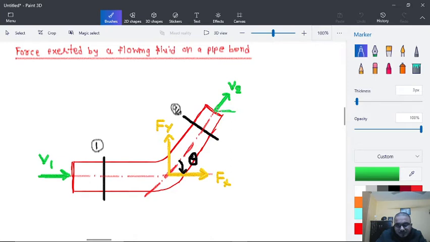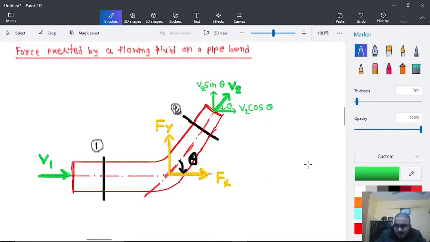The components will be v2 cos theta and v2 sin theta, as the angle here is theta.